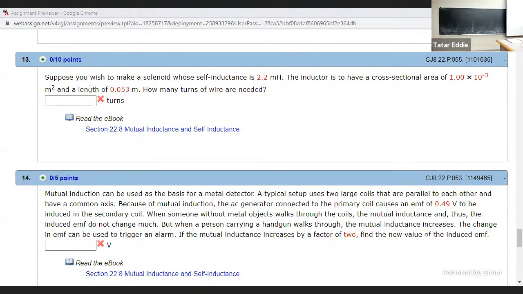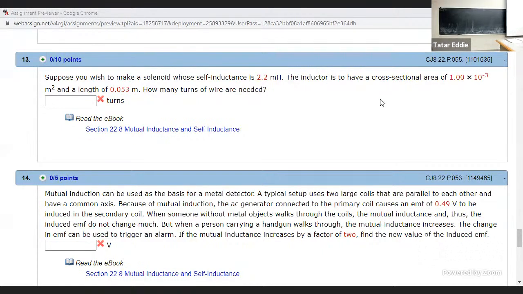You want to make a solenoid with inductance of 2.2 millihenry. It has to have a cross-sectional area that has a certain value and a length that has a certain value. How many turns in this coil, in this solenoid?